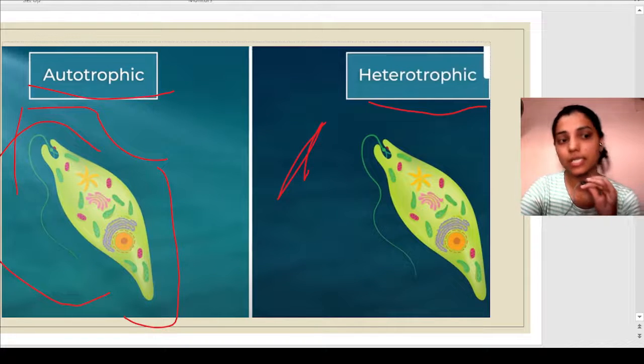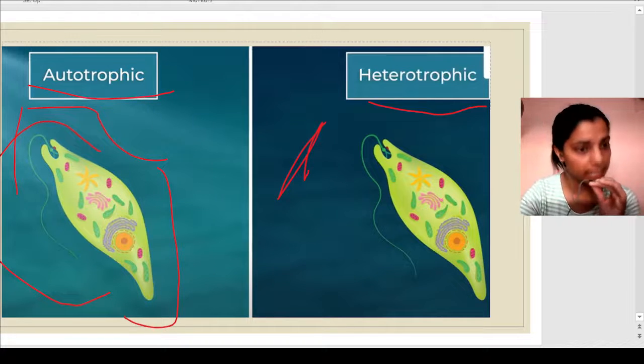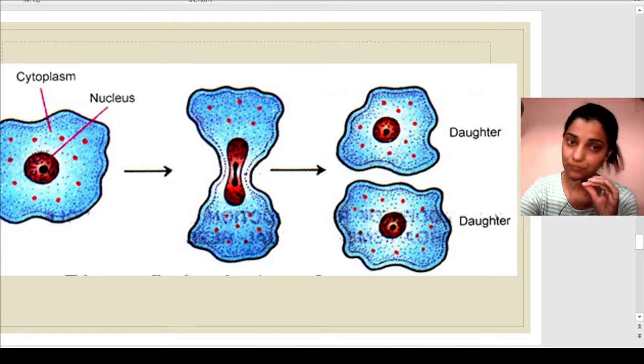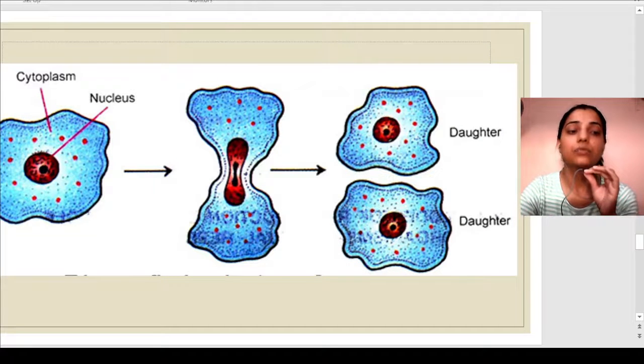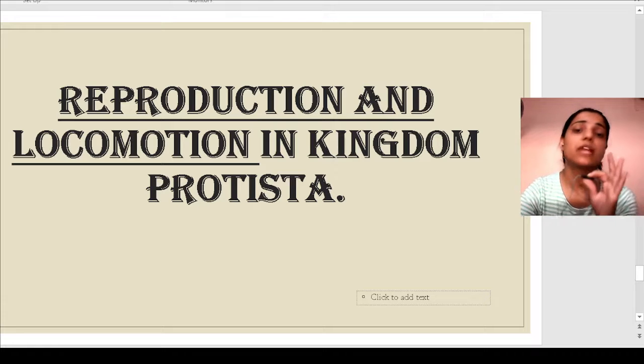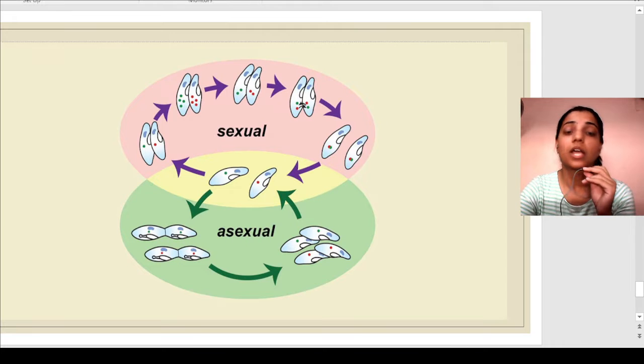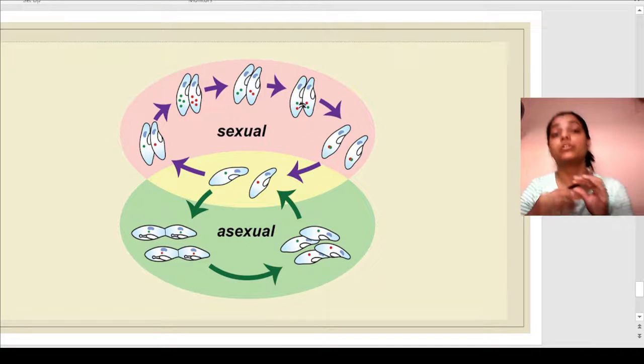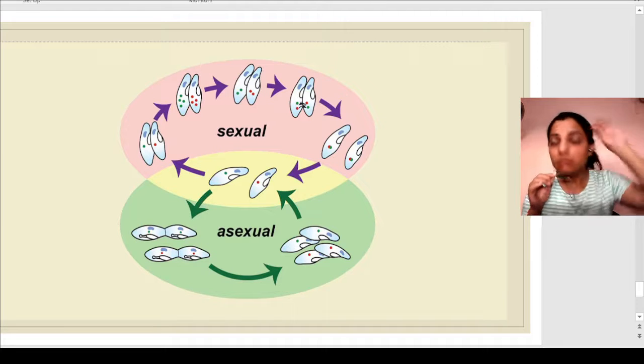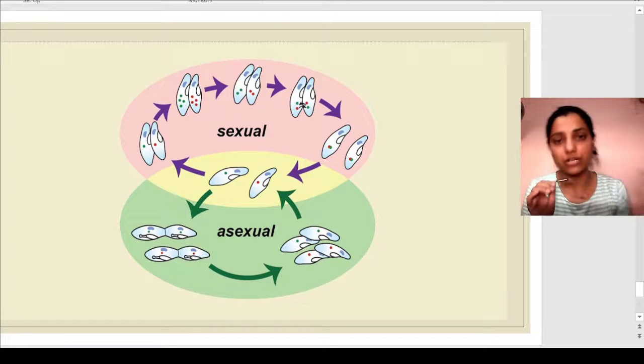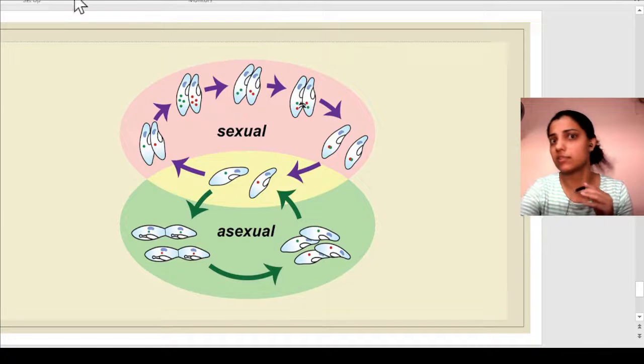Now let's come to another thing, that is reproduction and locomotion in Kingdom Protista. The reproduction could be sexual and asexual both. They can perform both, which means they're versatile, isn't it?